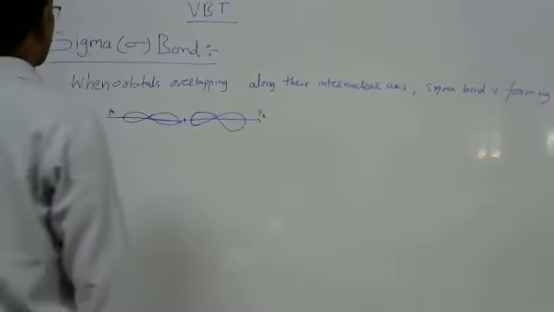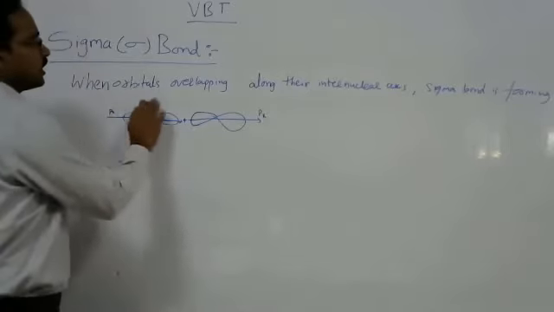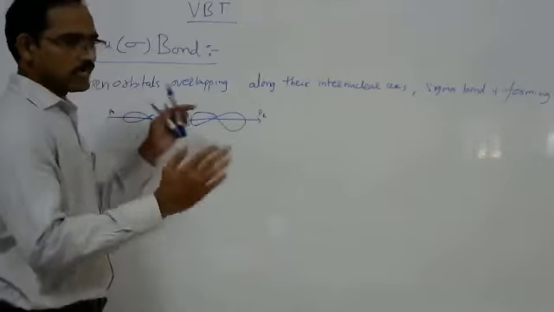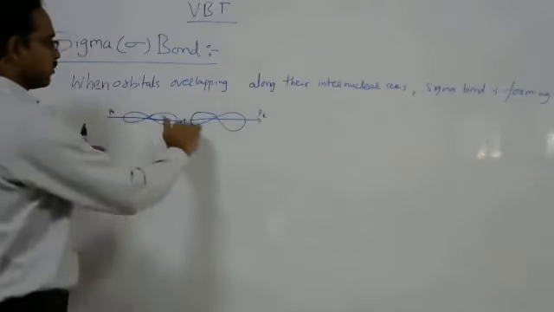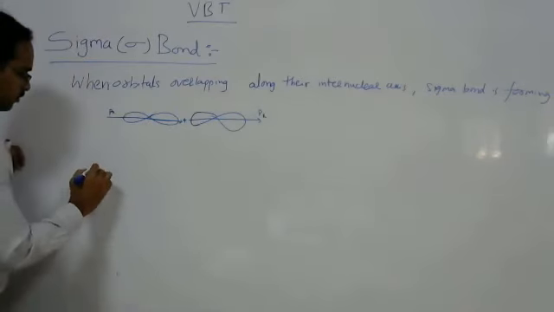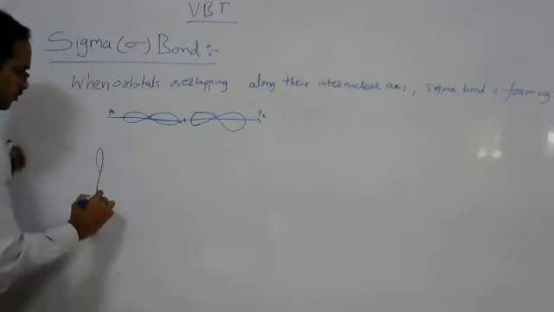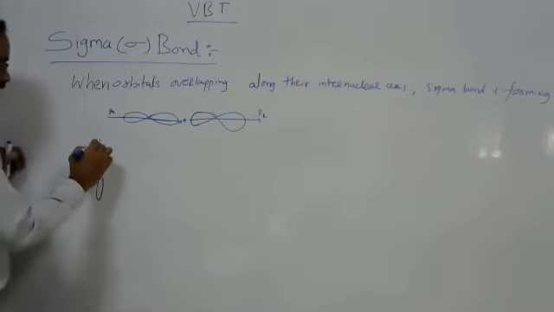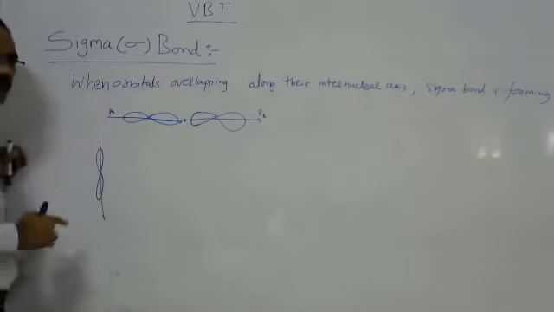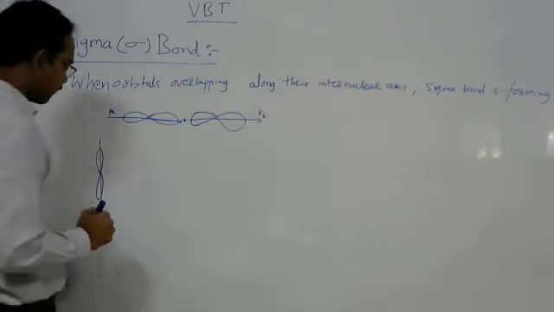When orbitals overlapping along their internuclear axis, what is the internuclear axis? This is the internuclear axis. So this one is the internuclear axis. मतलब एक center point से जाने वाला line, internuclear axis.